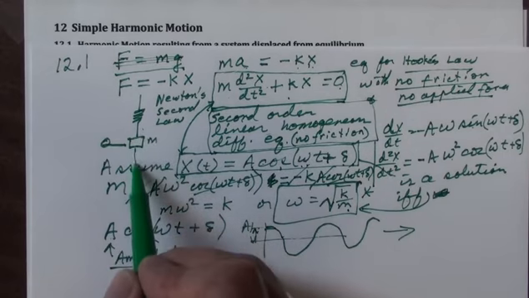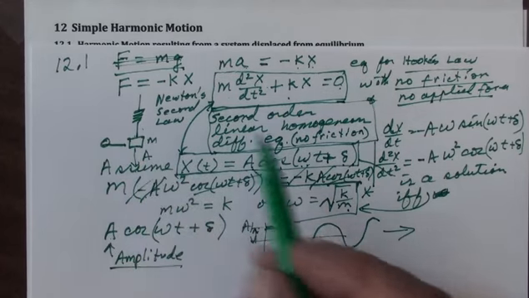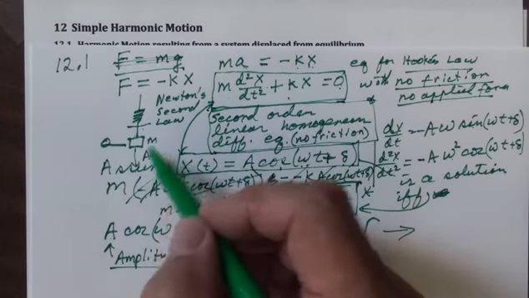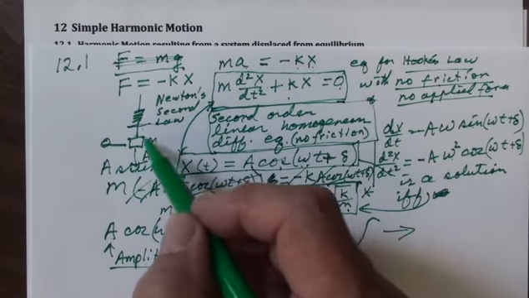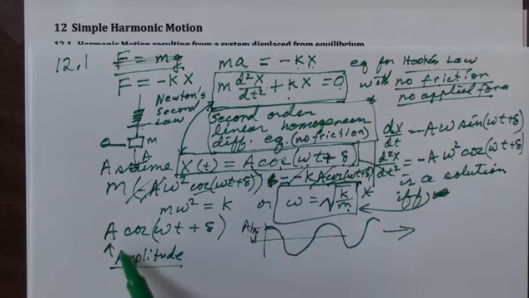So if I pull this down or pull it up a distance A and let it go, it's always going to go to A up here and A down here, A up here, A down here, and oscillate in between the two. A is called the amplitude. It's how big this oscillation is, because the cosine is equal to 1 at its maximum point.